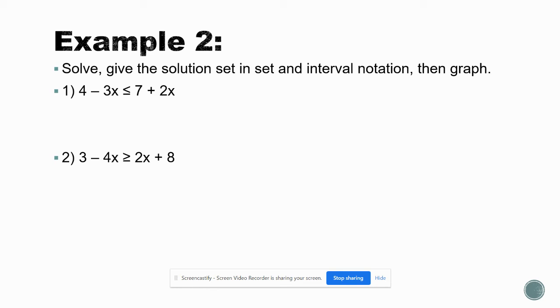Let's try number 2. I again want to get my x values together, and I think I'm again going to go ahead and move that 4x over to the right. So we have 3. That adds to 0 is greater than or equal to 2 plus 4 is 6. So we have 6x plus 8.